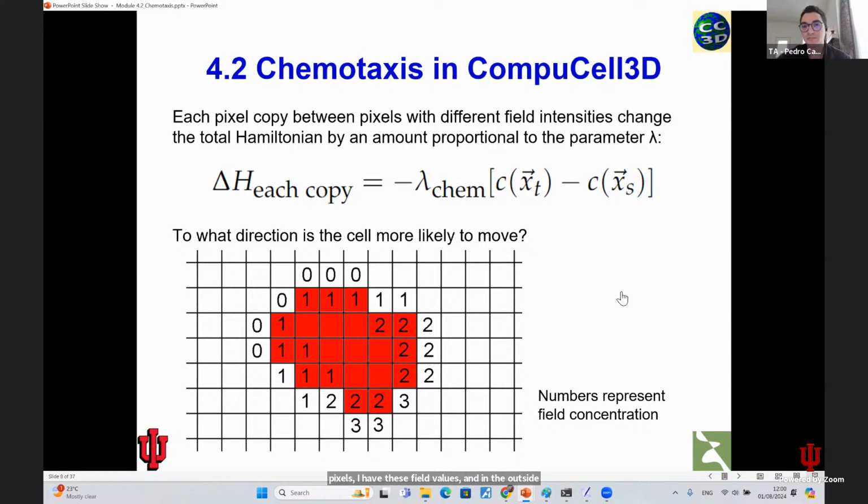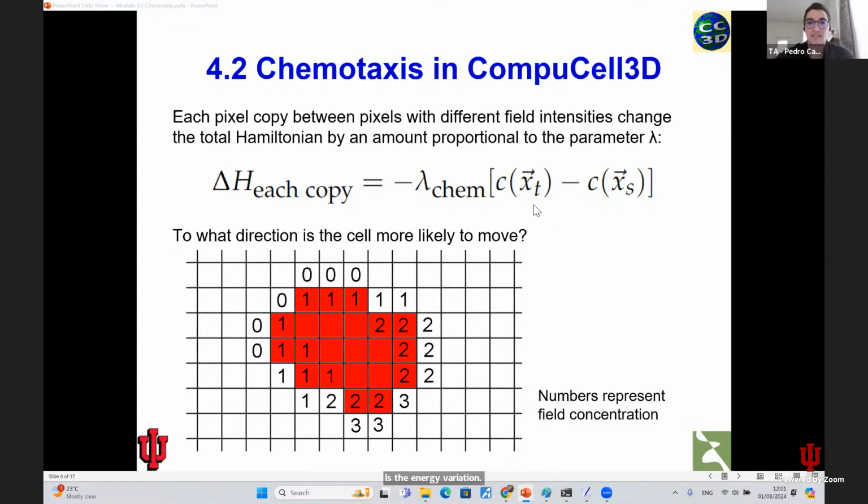Now let's read this formula. This formula is saying that there will be an energy variation in our Potts algorithm whenever we make a copy of a pixel towards a target pixel that has a higher chemical concentration than the source pixel. This difference multiplied by lambda chemotaxis is the energy variation.